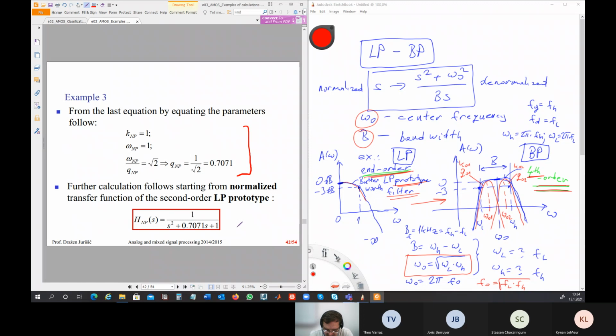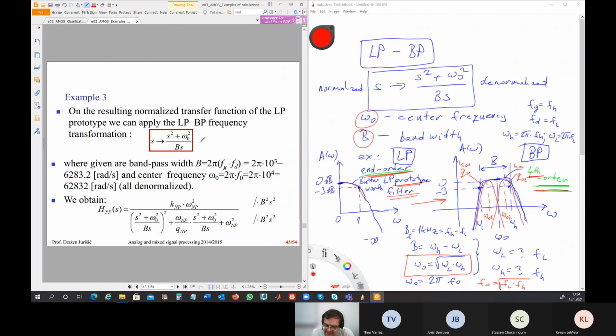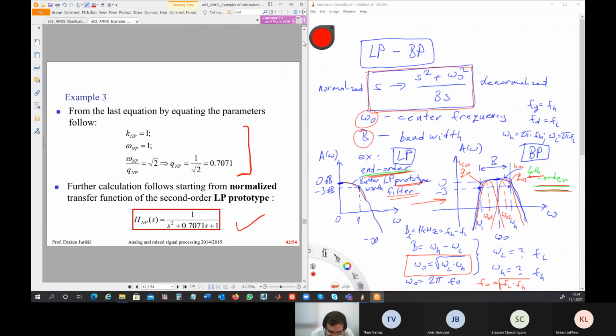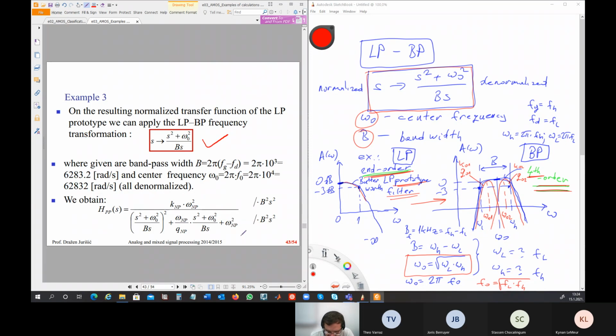We start from here. We apply our transformation, which is here. You know it. If you put it in this normalized low-pass prototype, you will have this.